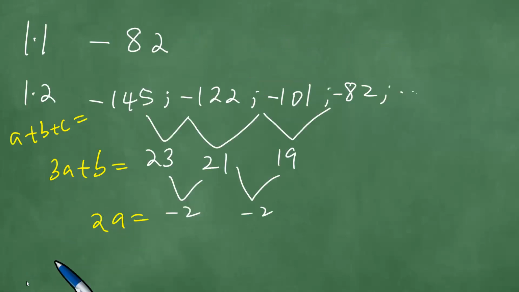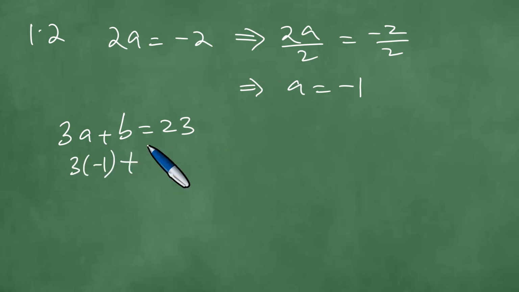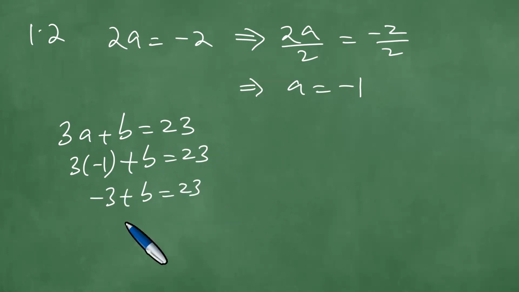Then 3a plus b is 23, which means minus 3 plus b is 23.